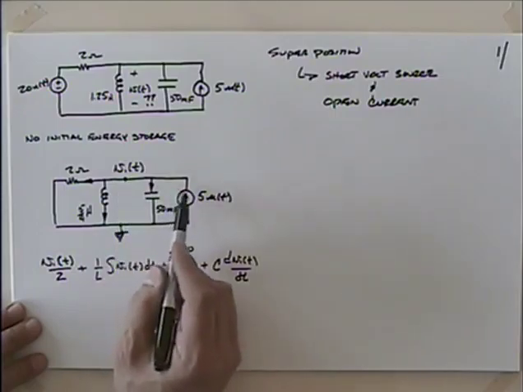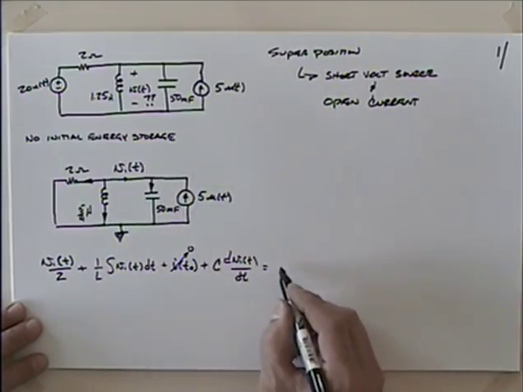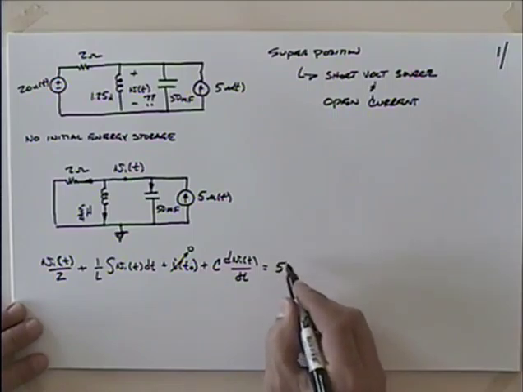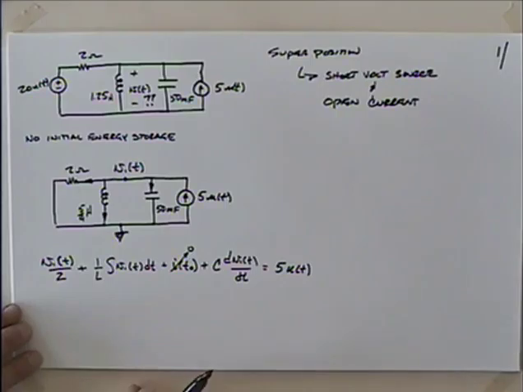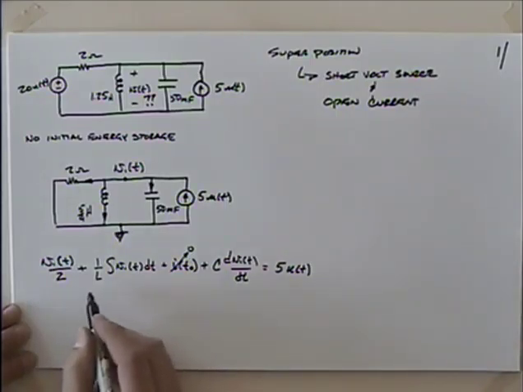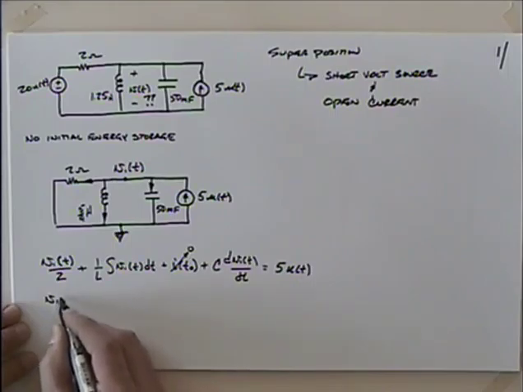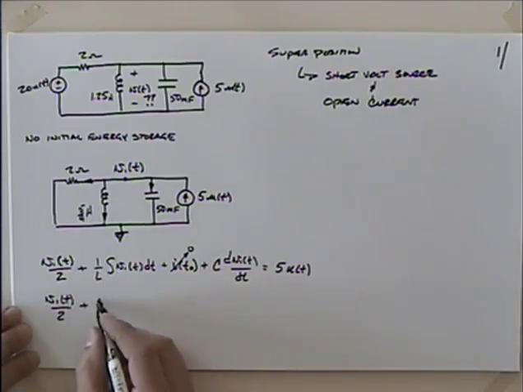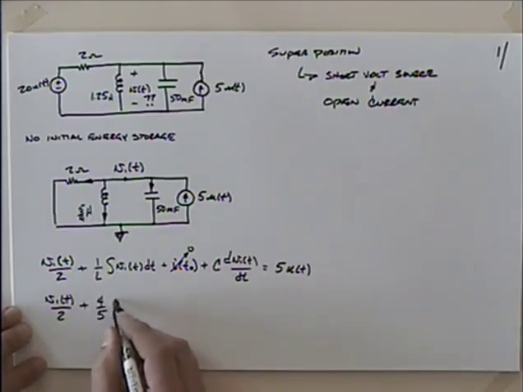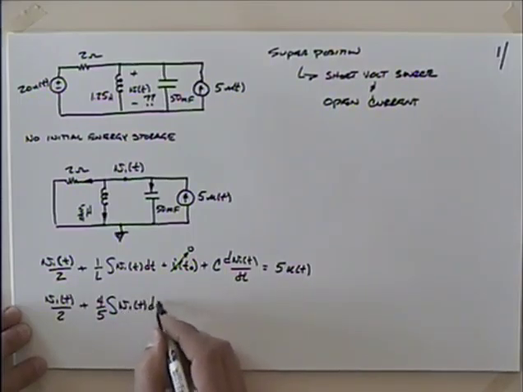So we've got that current, and that current. They're all leaving the node. This current is entering the node, so I'll just put this on the other side of the equal sign and say that I have 5 u of t. So I'll make some substitutions here. I've got V1 of t over 2 plus, if I look at L, which is 5/4, this turns out to be 4/5 when you invert it, times the integral of V1 of t dt.